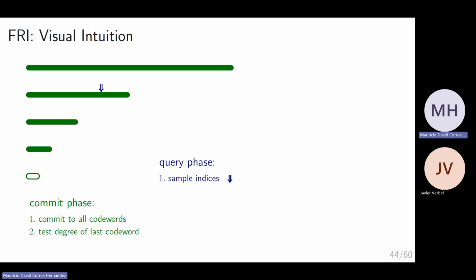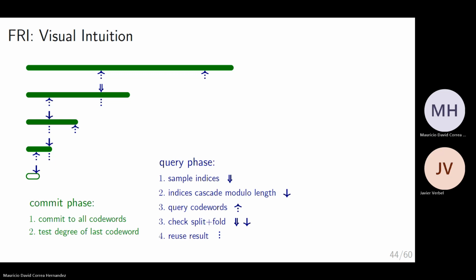This index percolates across every code word modulo that code word length. And the verifier opens the code words in that point and verifies that it was correctly computed from the previous code word opened in the same point and its counterpart shifting by half of the code word length. So as a practical matter, you make sure to reuse computational results.